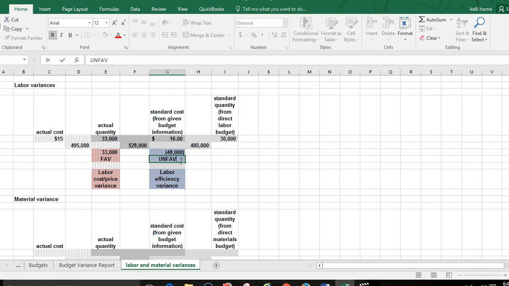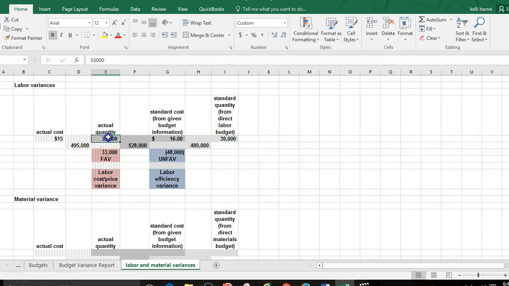So when we compared our standard cost, our POHR, and our actual, and then what we budgeted, it actually would have been unfavorable if we looked at our actual hours, because we only estimated 30,000 hours.